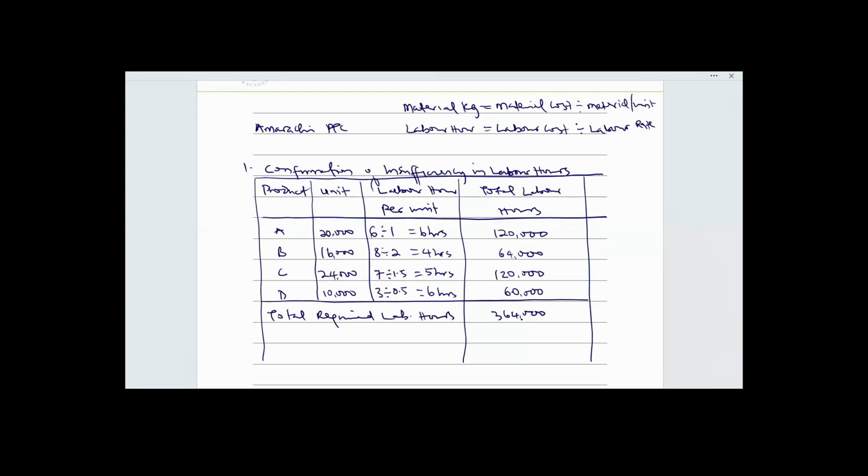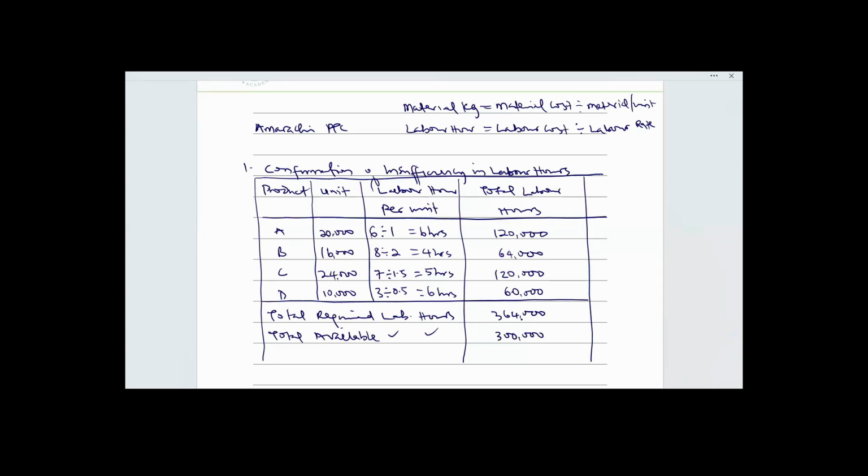So this means that for the company to be able to maximize contribution, the company requires 364,000 labor hours. But we need to compare this with what the company has available. I would then say total available labor hours. We are told in the question that the company has 300,000 labor hours.